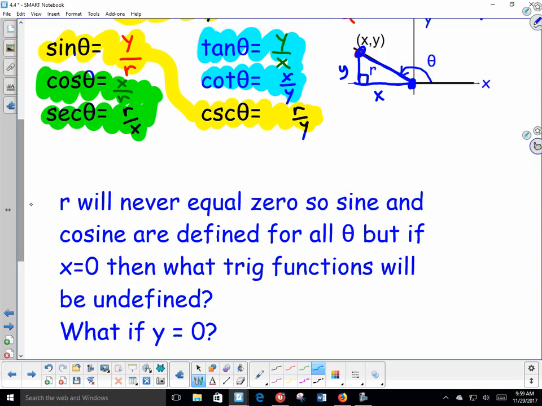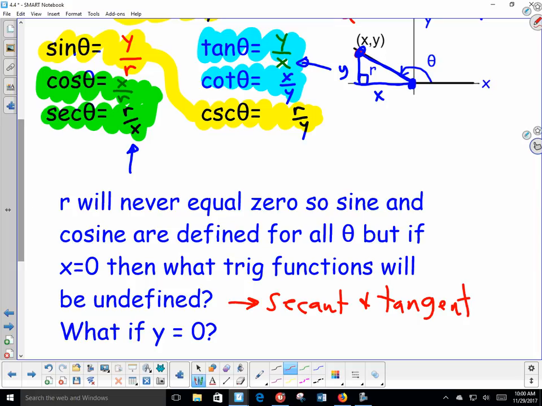If we're dividing by x, then x cannot equal 0. So which trig functions are we dividing by x? All right, secant has an x in the denominator. Tangent has an x in the denominator. So for what trig functions will these be undefined? We will say secant and tangent.